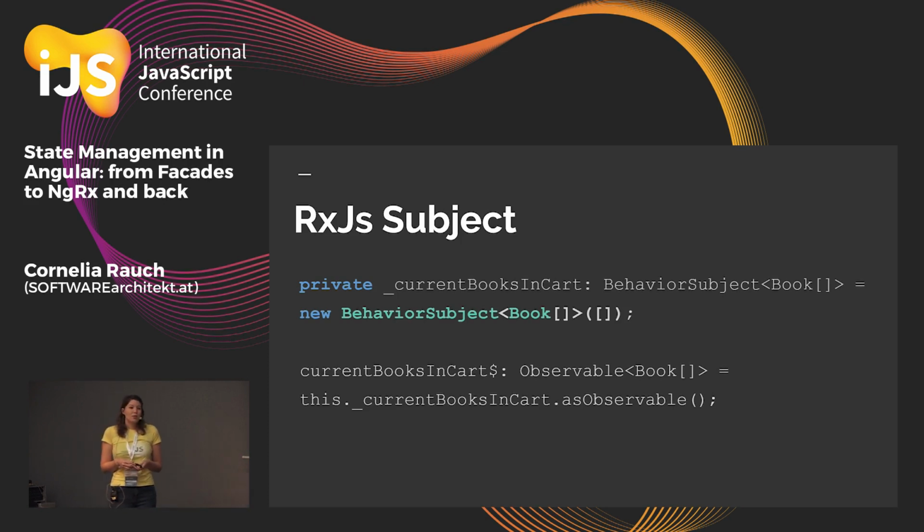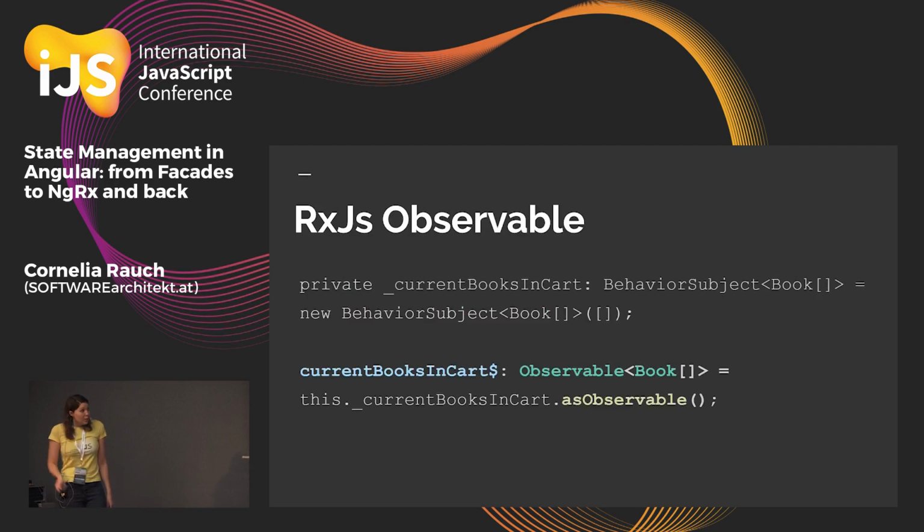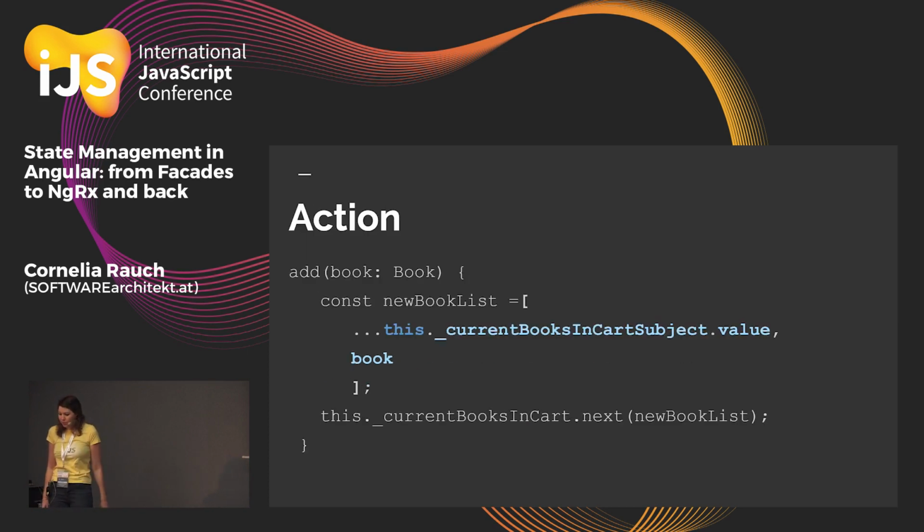Furthermore, we always have to initialize our behavior subject with some initial value, so the state is never undefined. So here I just initialize this behavior subject of books with an empty array. And in order to share it with other components, I can make an observable out of my subject and just use this observable in the other components.